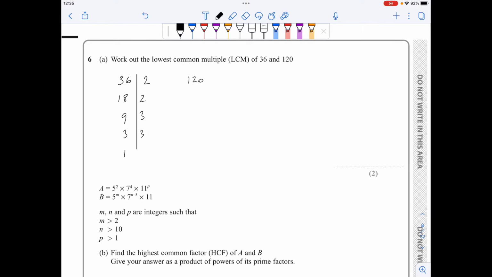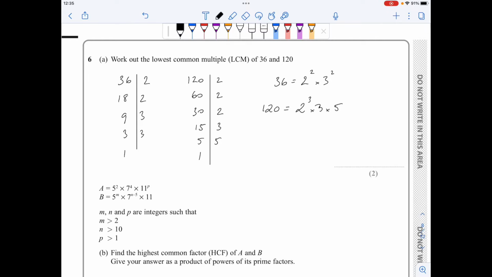Let's repeat for 120, divided by 2, 60 by 2, 30 by 2 again, 15 by 3 will give me 5, and then 5, 1. Hence, 36 is equal to 2 to the power of 2 times 3 to the power of 2. 120 is equal to 2 to the power of 3 times 3 times 5.